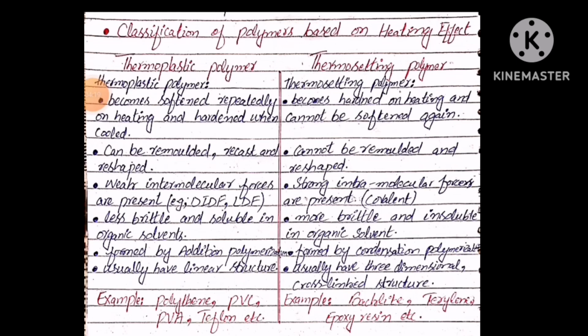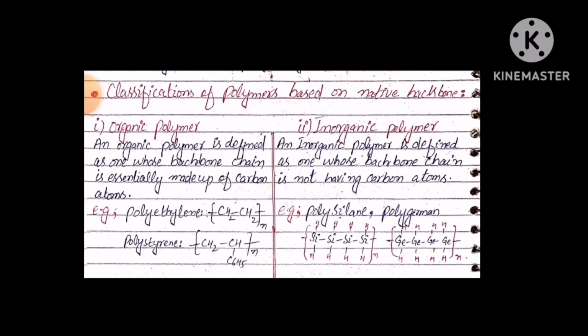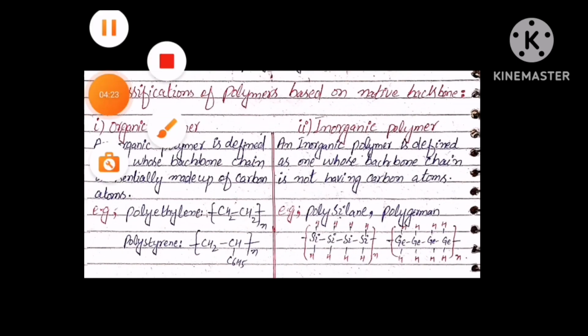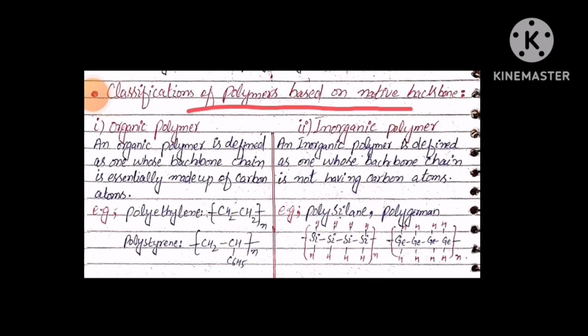So we will move towards a new classification. Classification of polymers based on native backbones. On the basis of native backbone, polymers can be further subclassified into two classes: one is organic polymer, another is inorganic polymer.